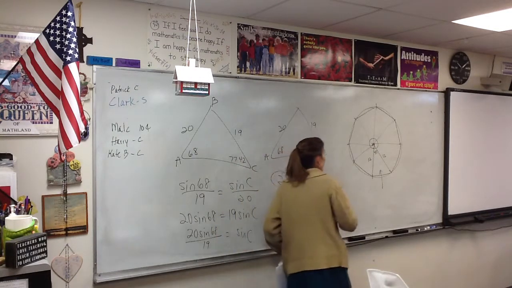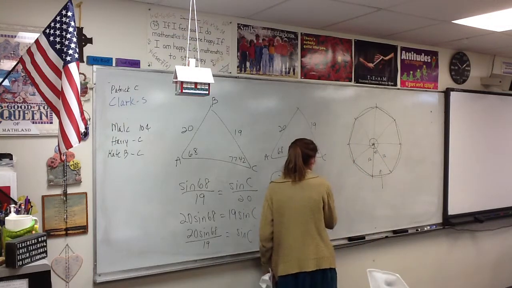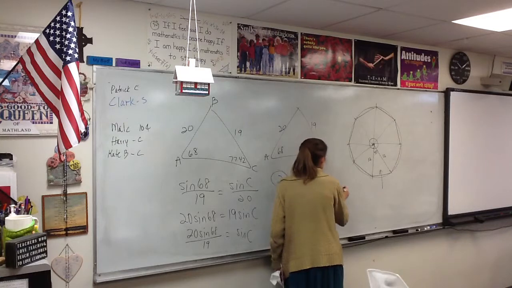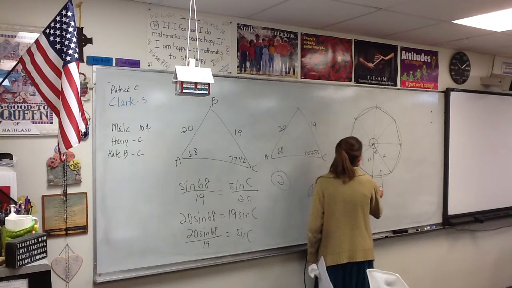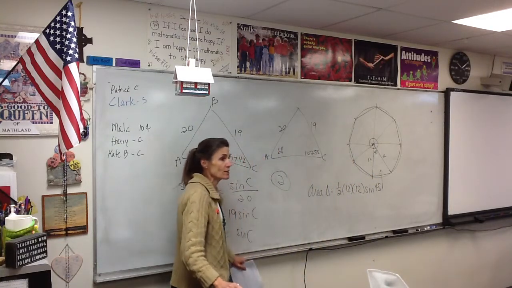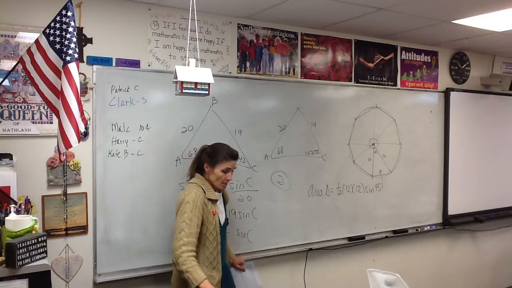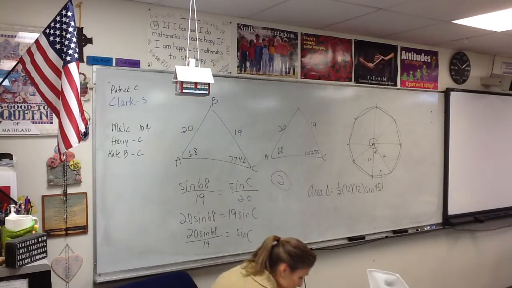Now, how do I find the area of a triangle in that kind of situation? 1/2 side times side times sine of included angle. That's our new formula we learned yesterday.